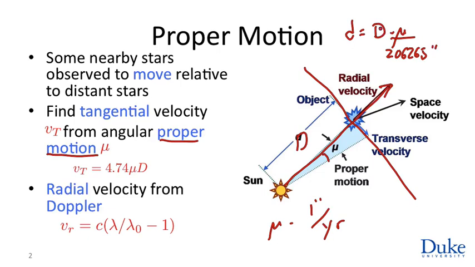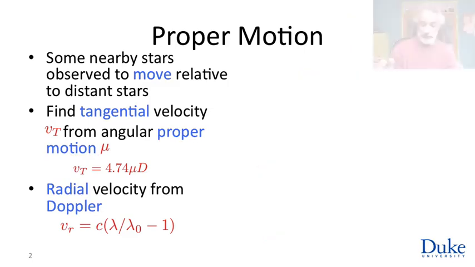D will be in whatever units you measure capital D, the distance to the star, if you write it this way. But since this is in arc seconds per year, I will get an answer for the velocity, when this number is the distance the star travels in a year. That'll give me, say, parsecs per year as the units in which I measure the velocity. Typically, we measure velocity in more convenient units of kilometers per second.